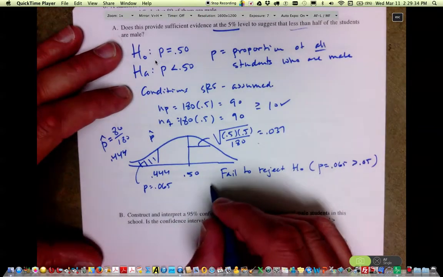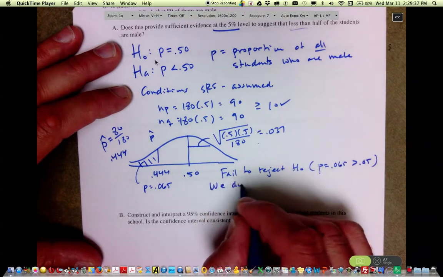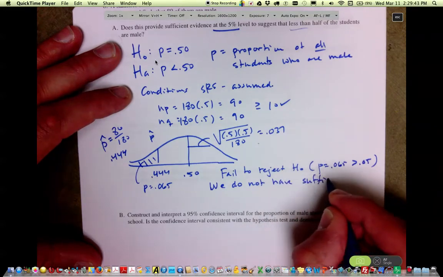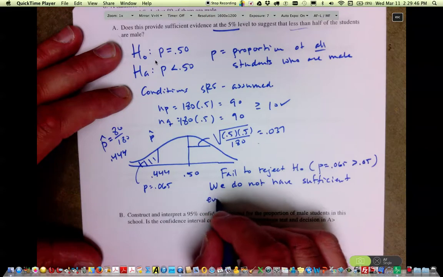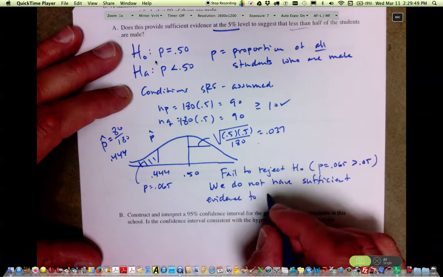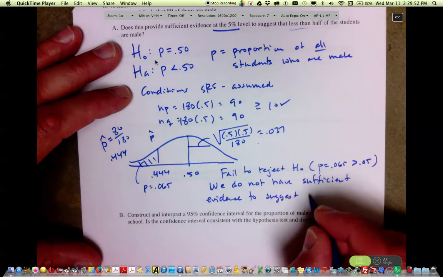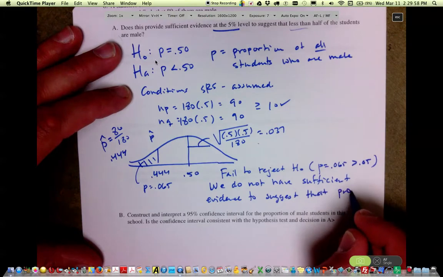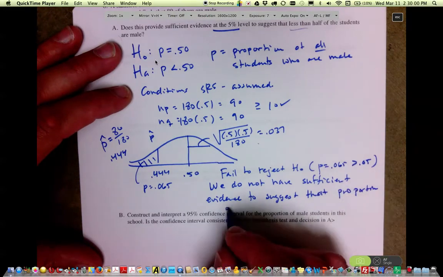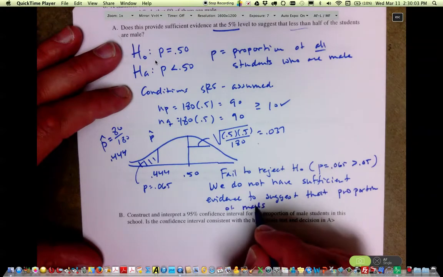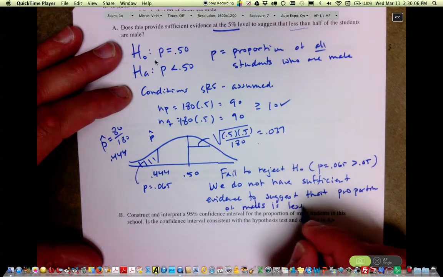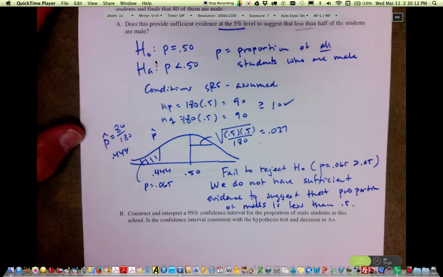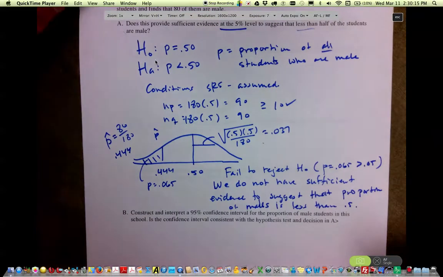In words, that means we do not have sufficient evidence to suggest that the proportion of males is less than 50%. We don't have any evidence to suggest that there's less than 50% boys at this school.